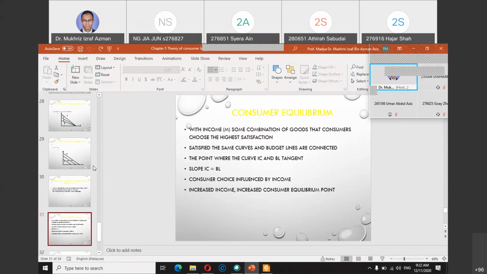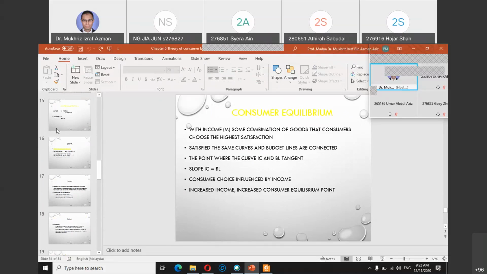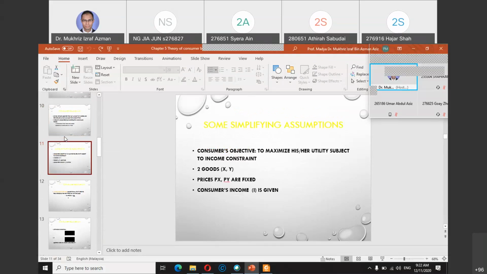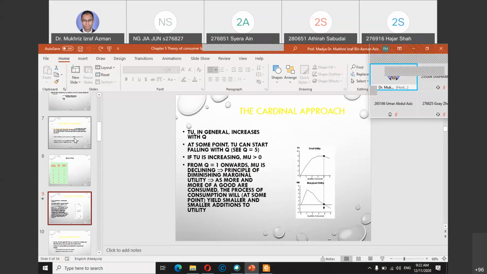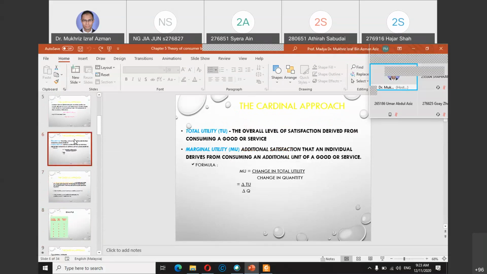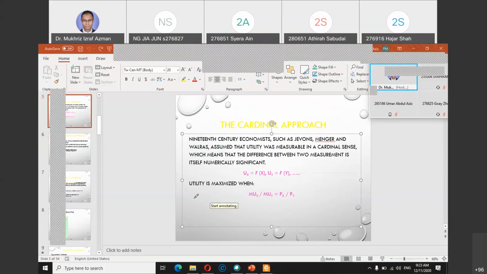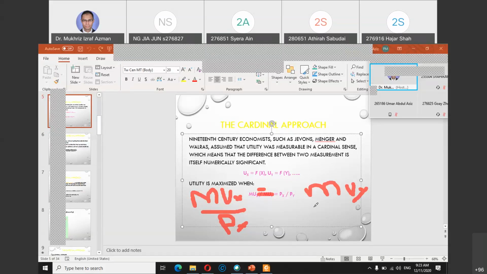If you recall, previously when we talked about the equilibrium formula, using this formula, MUx over MUy equals Px over Py, or you can also write this equation as MUx over Px equals MUy over Py.